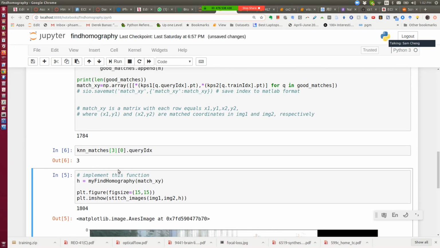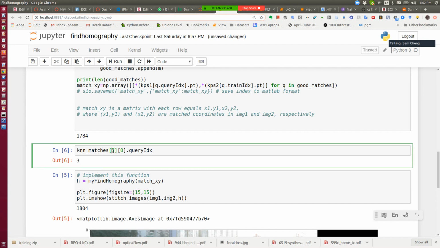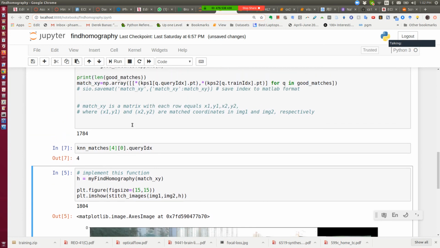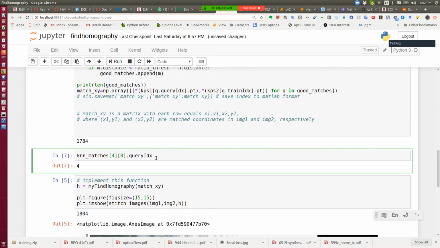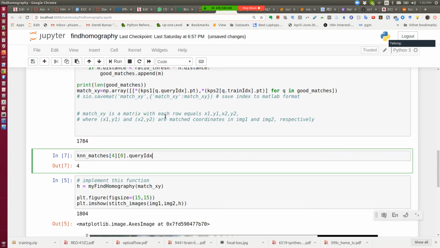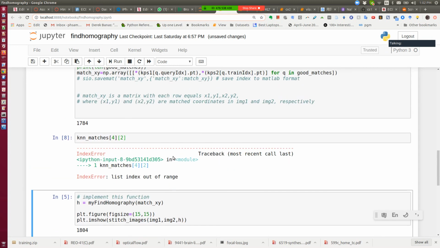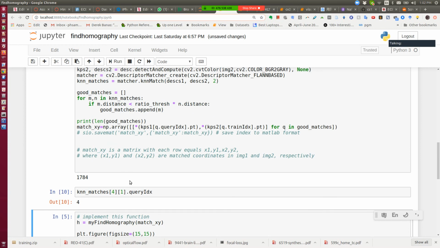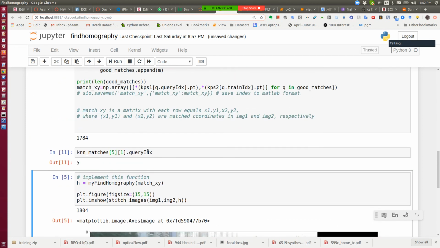I think it's for all points that you're trying to get a match. If you look at the results coming out of this KNN matches, for each match it gives you the query index and also the train index.